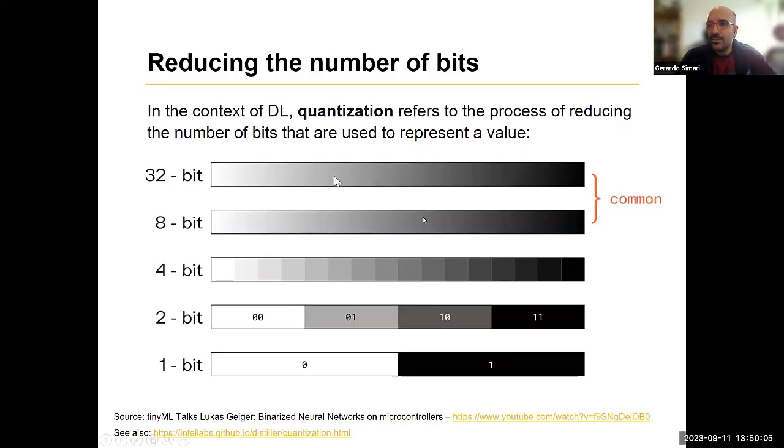As you can see here, it has a lot of precision. With 8 bits, you can still do a lot, but you can already see the difference in the number of possible values. 4 bits, it's just 16 values. 2 bits, 4 values, and the extreme has only 1 bit.